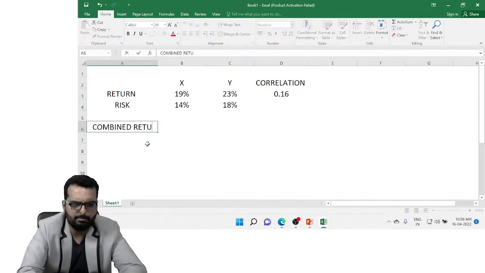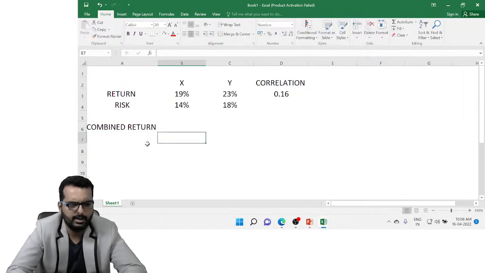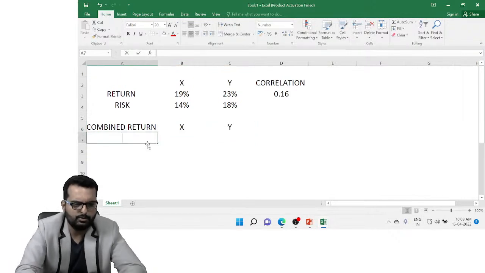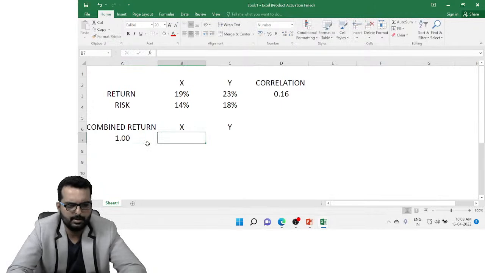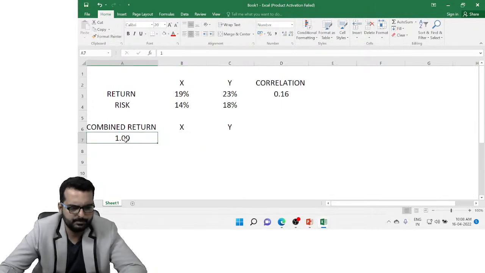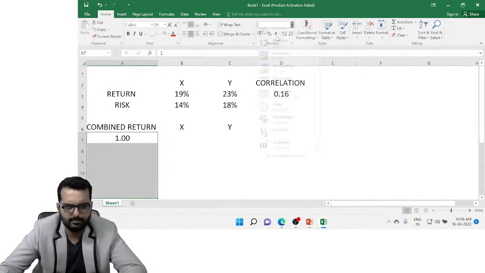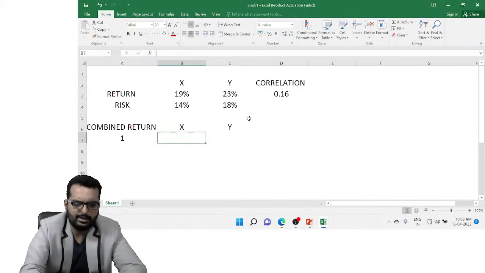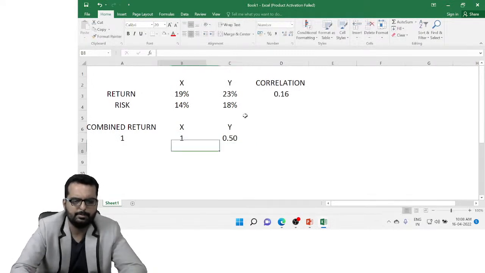So just write down combined return. Okay. Now that depends upon the weight X and you have Y. I'll write down situation number 1. Situation number 1, they have told the weights are going to be 50% and 50%.